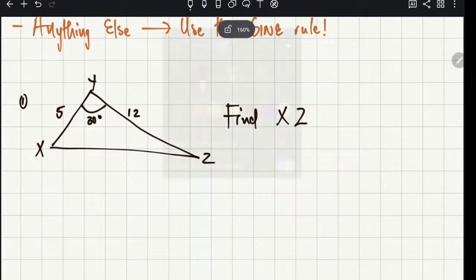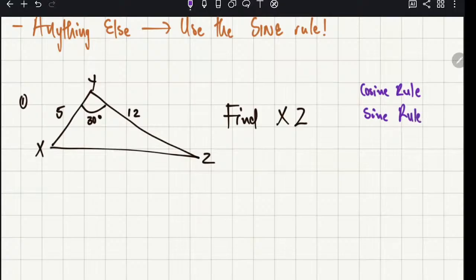So what do you write? You write here, does this triangle have a right angle? No, it doesn't. So what methods do I have? With a pencil, you write cosine rule, and you have the sine rule. One of them is working here. Now, let's check for the cosine rule.